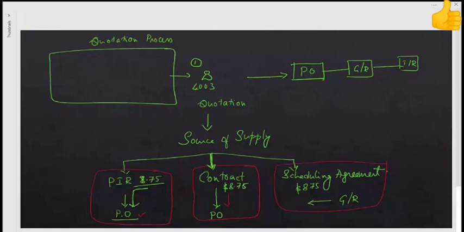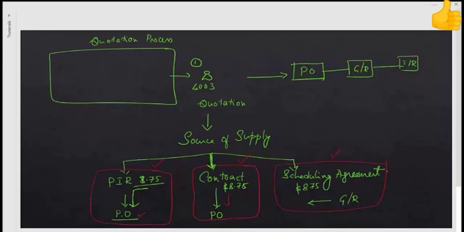Basically, you are creating that vendor and the conditions under which he is ready to deliver the goods to us, meaning the price, the Incoterms, payment terms, delivery dates, etc., into a source of supply. And what are the possible sources of supply? The three main sources of supply are purchase info record, contract, scheduling agreement.